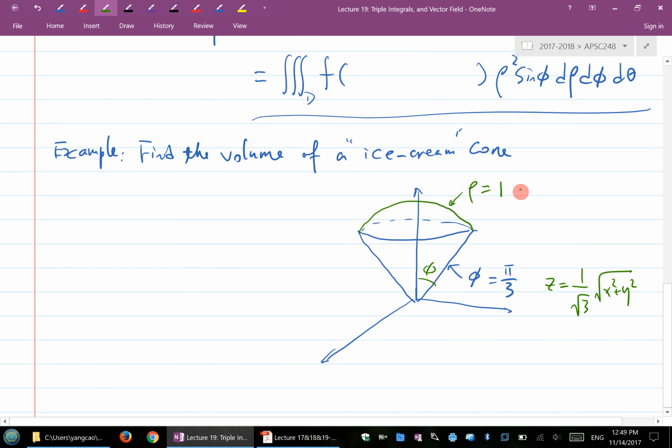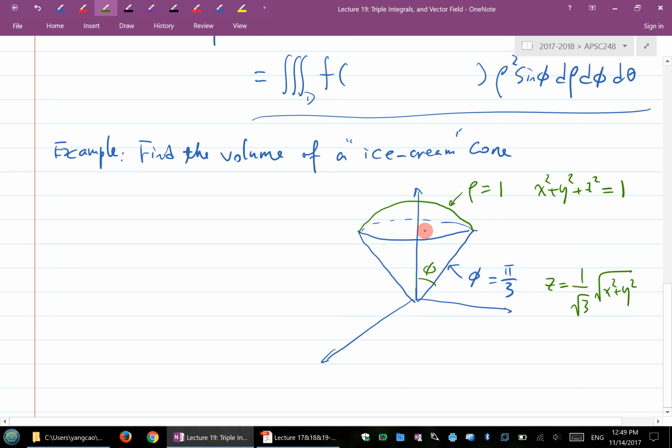Of course, for the sphere, this is basically x squared plus y squared plus z squared equal to 1, right? And that's equivalent to saying rho equal to 1 in 3D space using spherical coordinates.